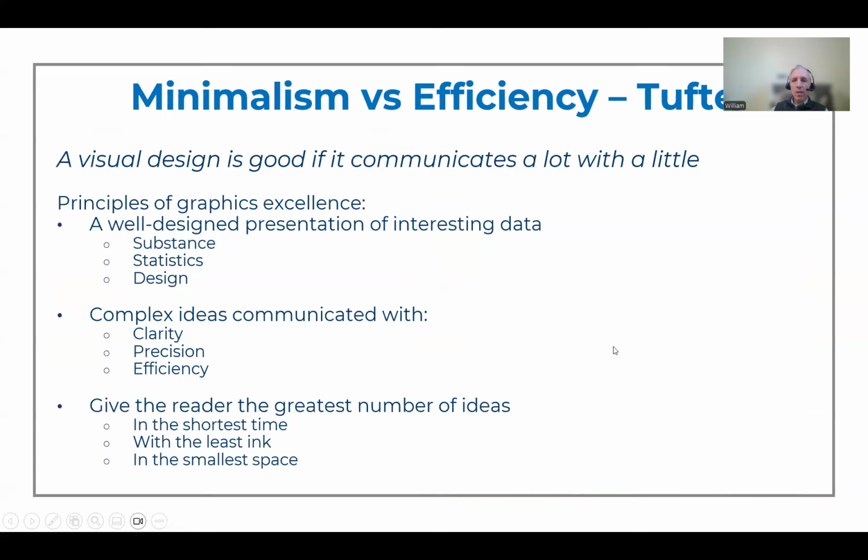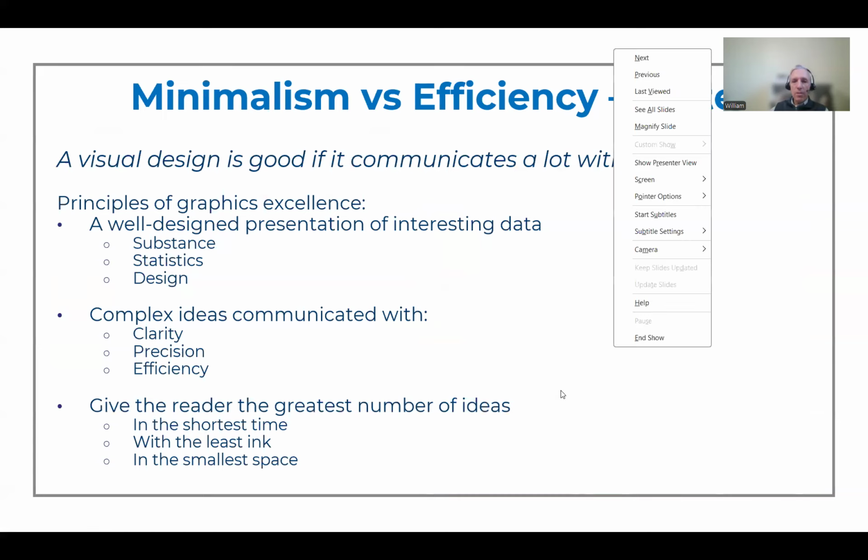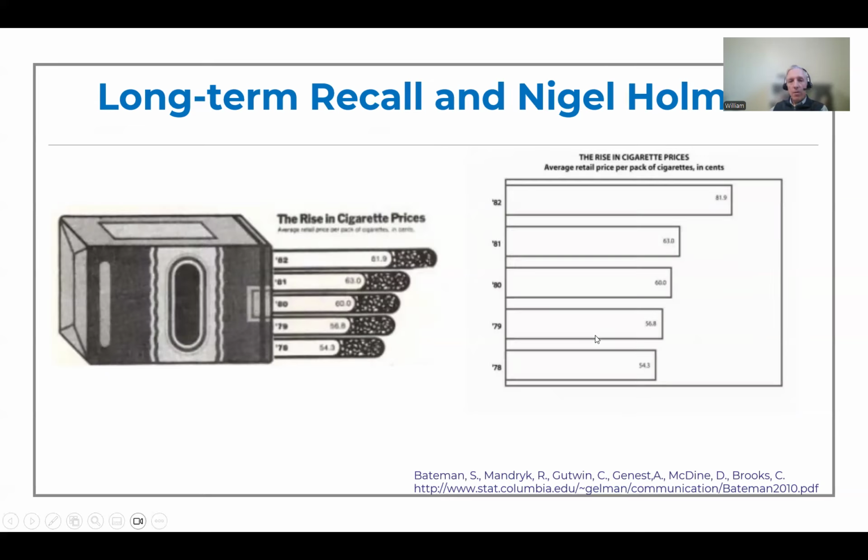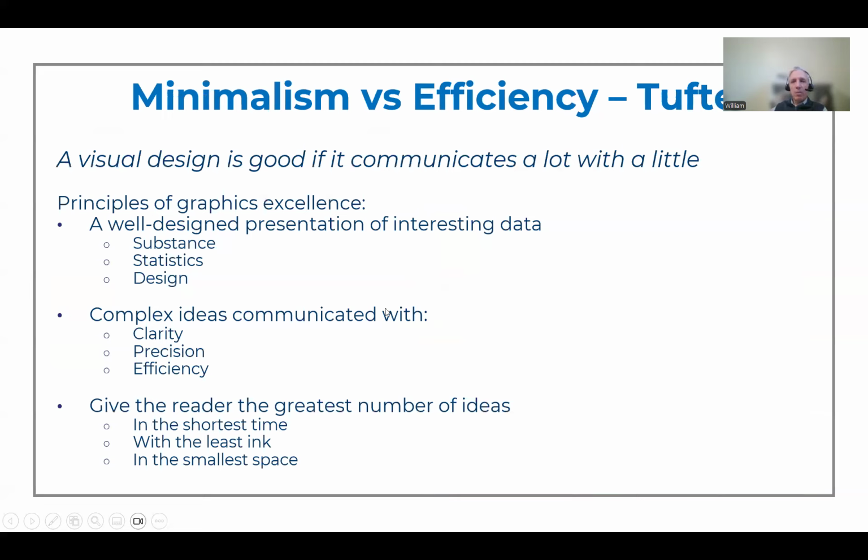So the bottom line is that for the general public, these kind of charts with a lot of chart junk in them improve recall after 3 weeks. That doesn't mean you should use them.